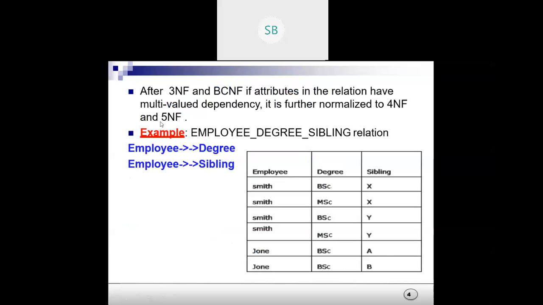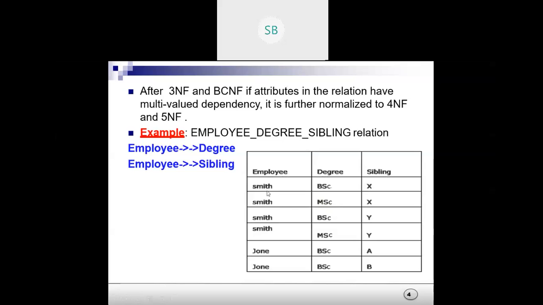After third normal form and BCNF, if attributes in the relation have a multi-valued dependency, then it is further normalized using the fourth normal form or the fifth normal form. In the table you can see there is multi-valued dependency. Here employee multi-determines degree and employee multi-determines sibling.